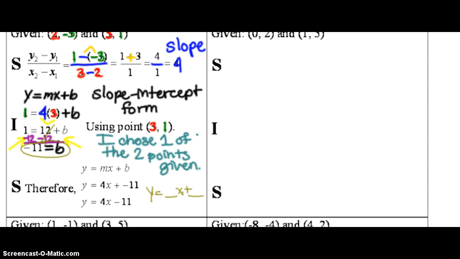Just remember the acronym SIS: slope, intercept, substitute. Notice 4 goes on the first line and negative 11 will go on the second line. But I can simplify it because 4x plus negative 11 can also be written as 4x minus 11. Right there, my final answer.